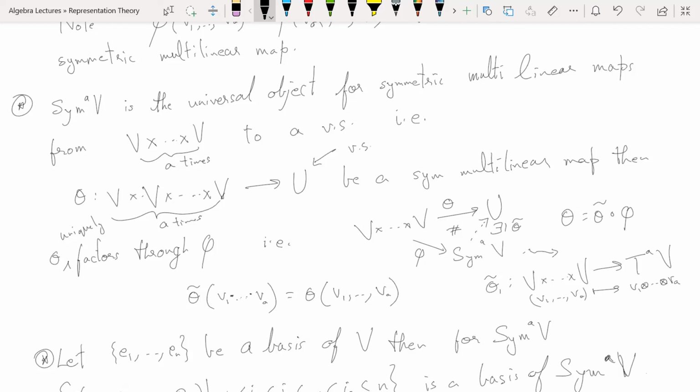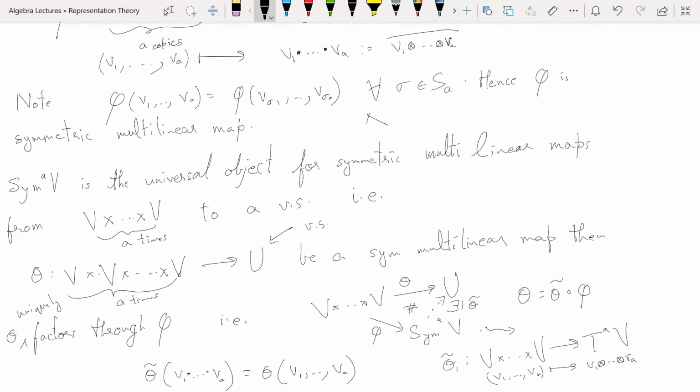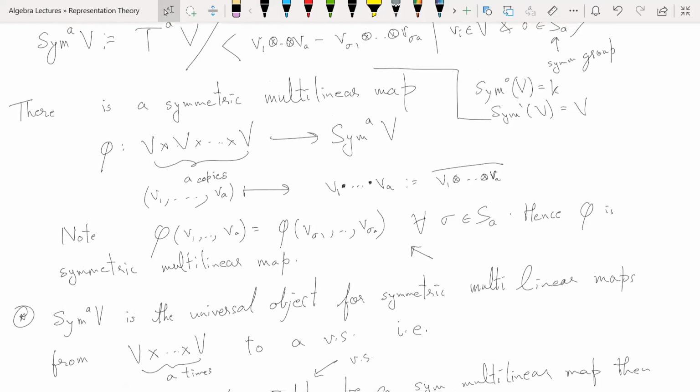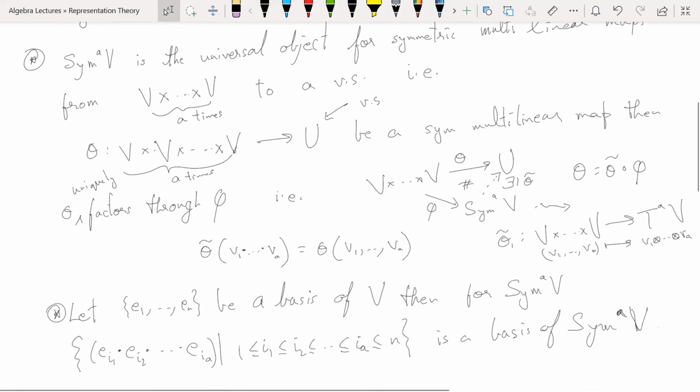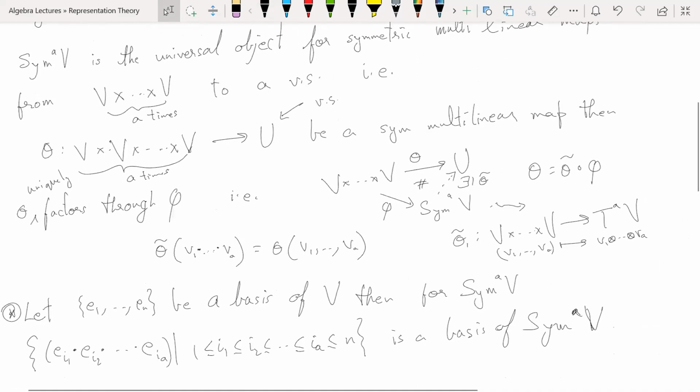A symmetric multilinear map precisely means that this condition should hold. Sorry, this is nonsense, not what I meant.